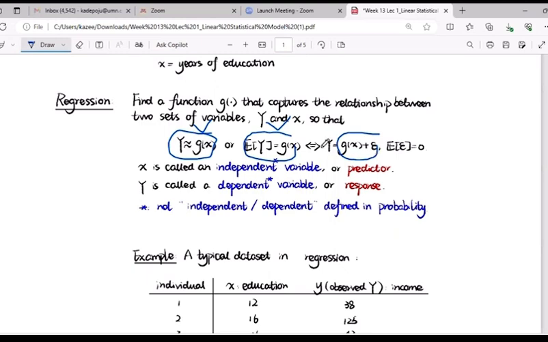When I find the expectation of Y, it gives us G of S. We are assuming that on average, the error equals 0. What does that mean in the actual sense?